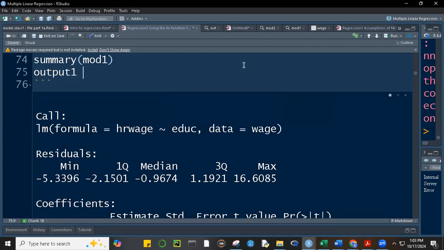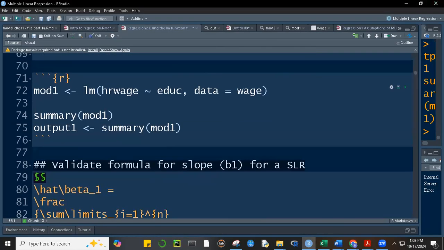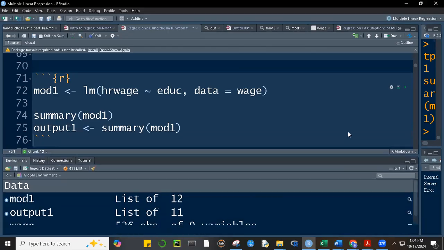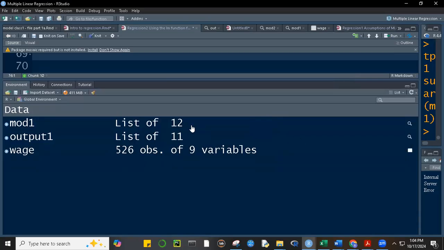I'm having a problem with my R. Output 1 and then summary mod 1. So you're creating an object that represents the summary of our model. Control Enter. So if I check my environment here, okay, now it's a list of 11.